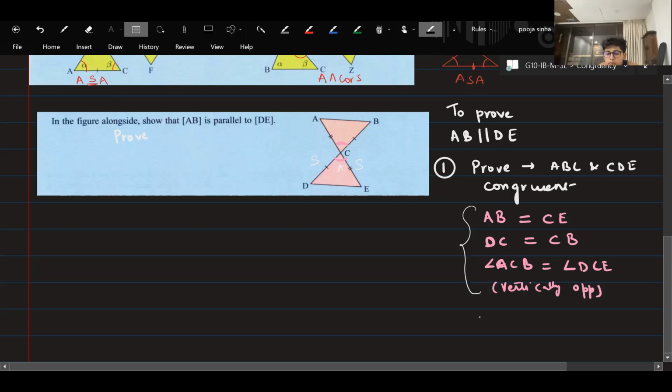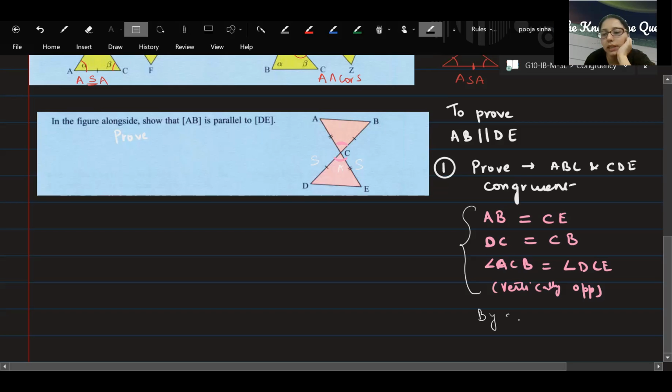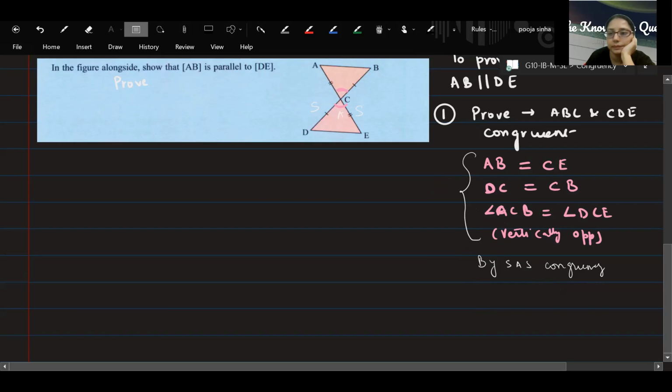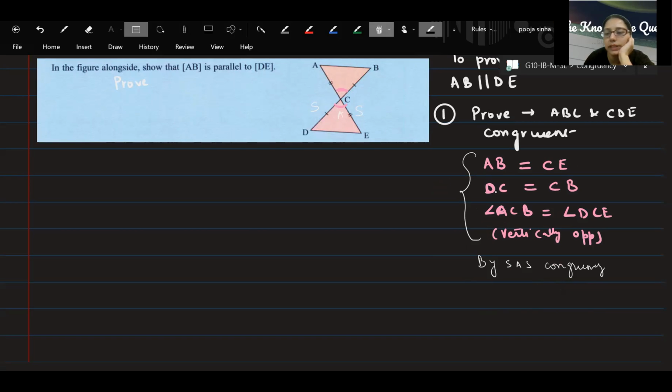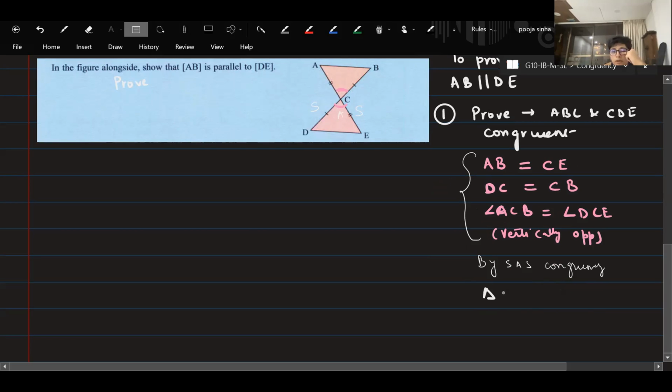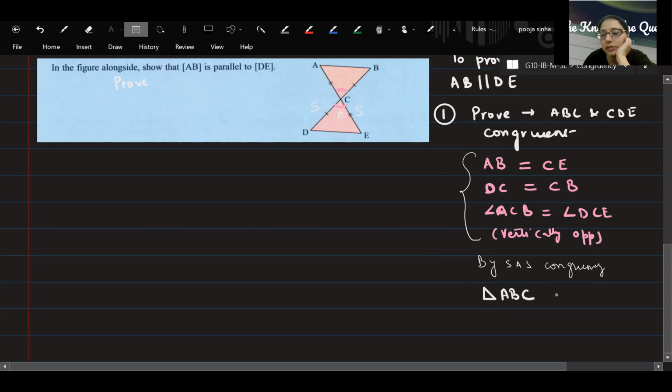By SAS congruency, triangle ABC is congruent to triangle CDE.